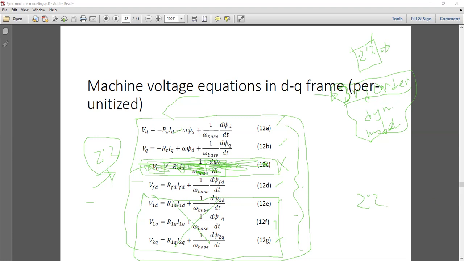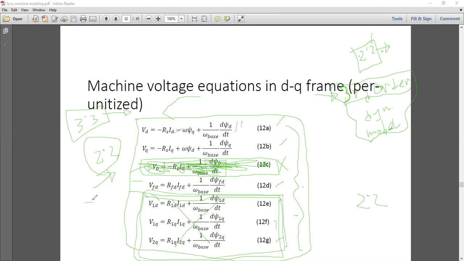And from here, you can increase it, you can decrease it. Like if you look for the 3.3 model, then what do you have to do? There will be some additional states, some additional dynamic equations, right? There will be one more equation in the d-axis, and one more equation in the q-axis. Here will be the changes.